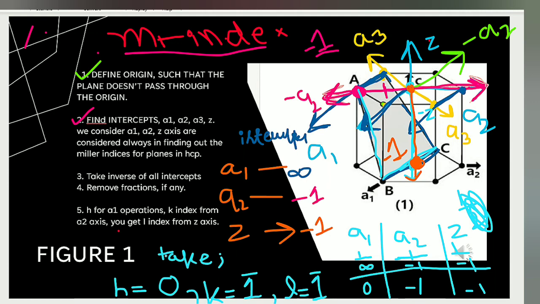We can write them in complete form by using the circular brackets: (0 1-bar 1-bar), with H equal to 0, then 1 bar, then 1 with a bar over it.